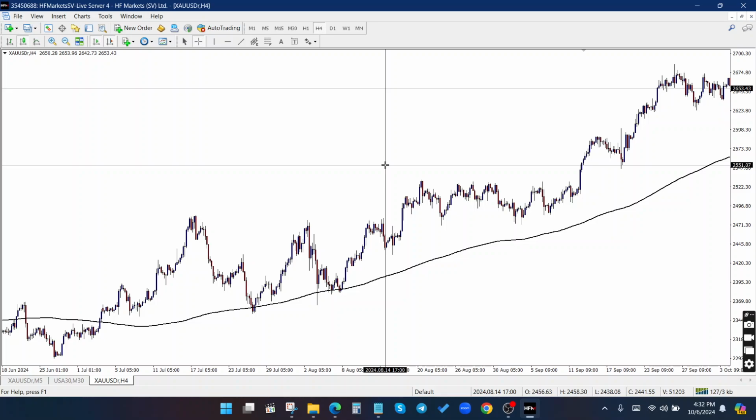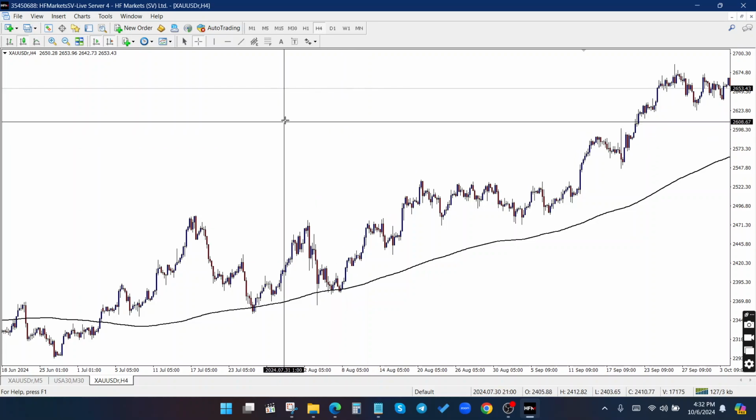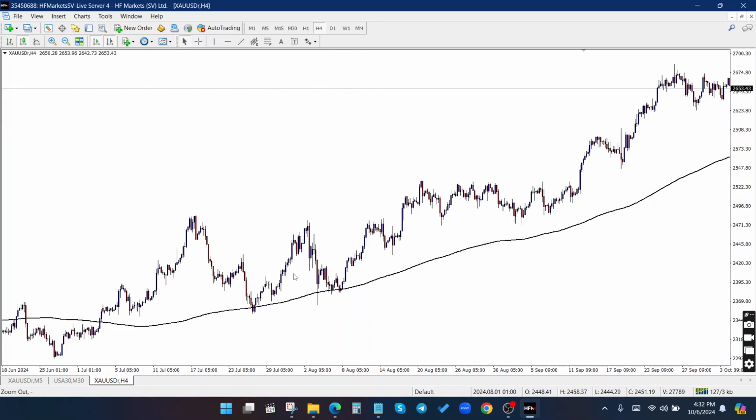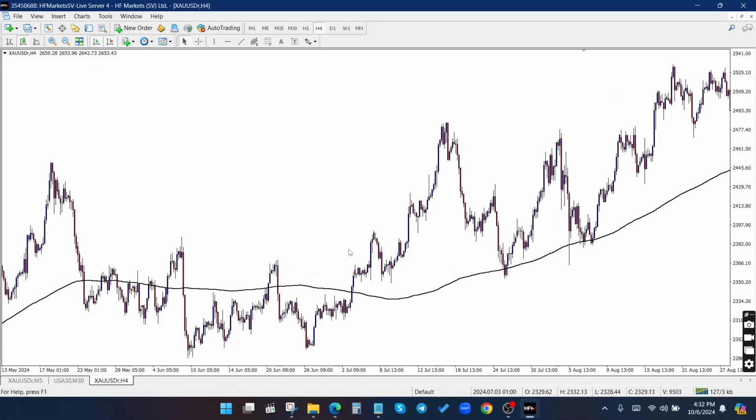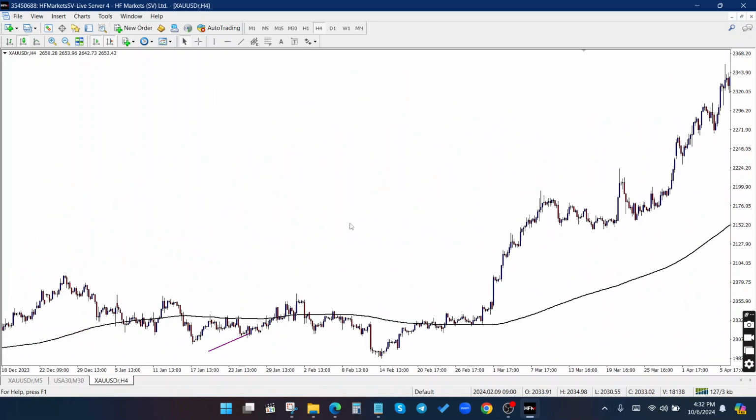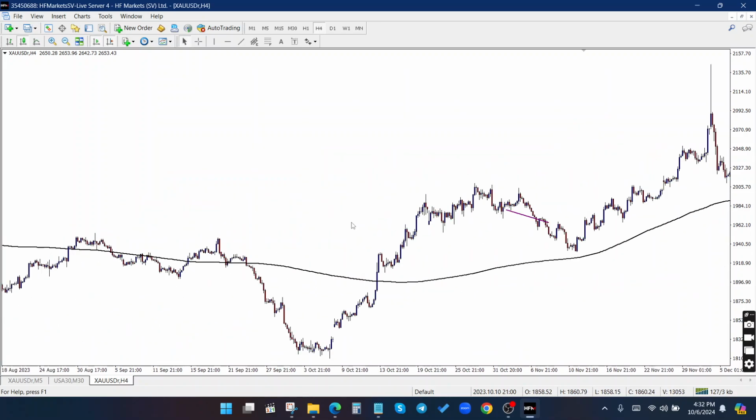Some traders usually use another moving average for additional confirmation, and we are going to try that out. But before that, let us see how to identify sell opportunities using only the 200 EMA.